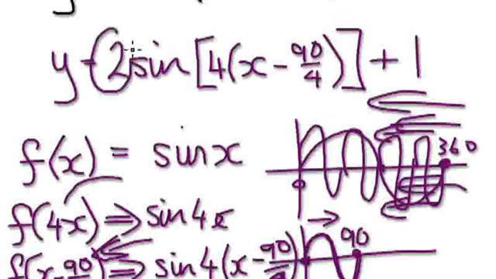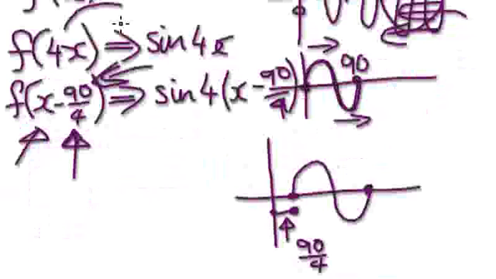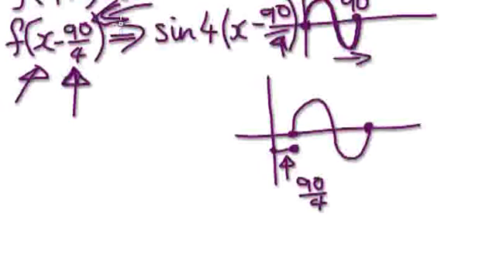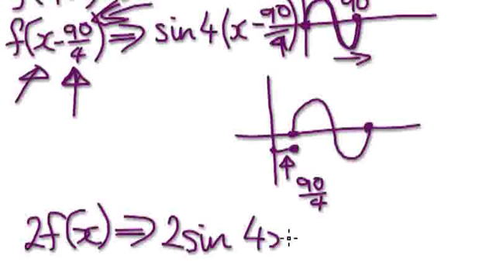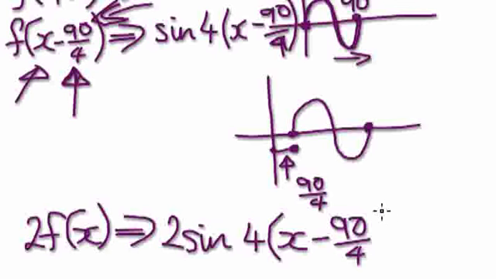Now our next transformation would be this 2f of x. 2f of x means we're going to change the amplitude. By applying this transformation, we will have 2 sine, 4 bracket x minus 90 over 4.